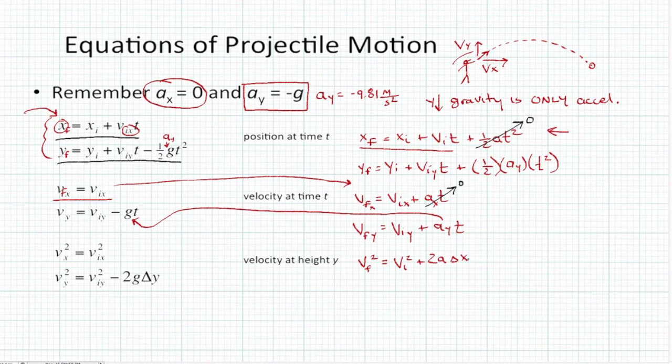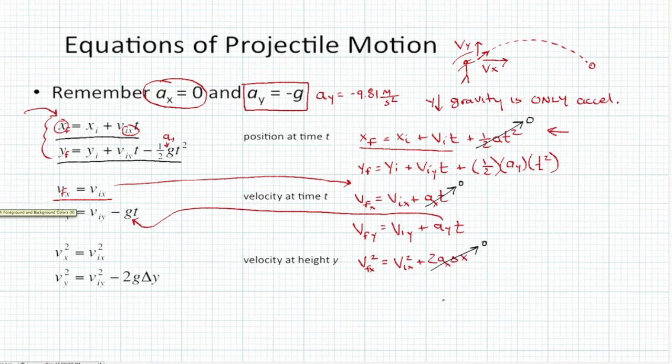Okay? Well, once again, let's just put some x subscripts here. Let's just say this is in the x direction now. Velocity final in the x direction, velocity initial in the x direction, the acceleration in the x direction, which there is none, right? So that whole section goes away.